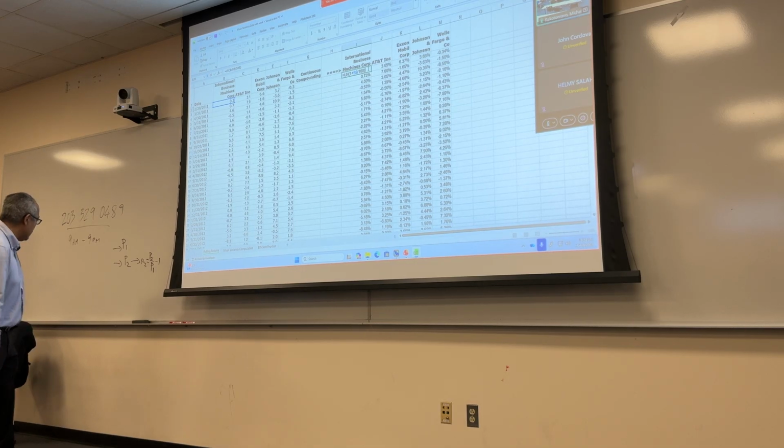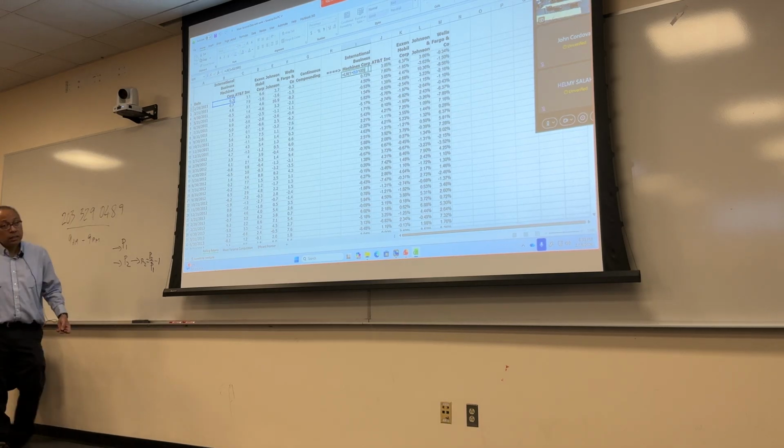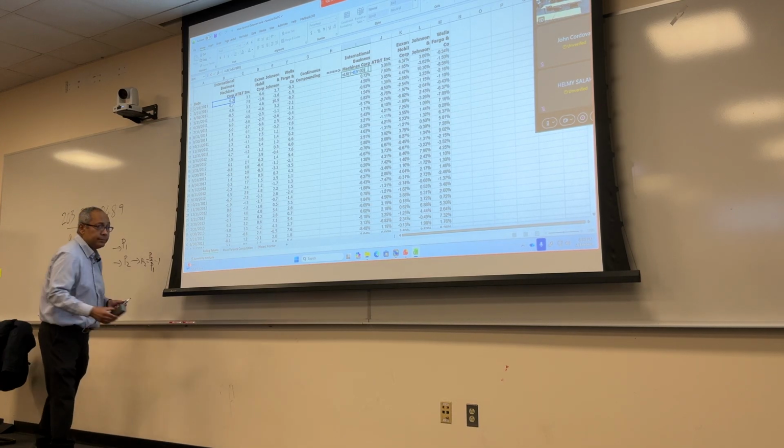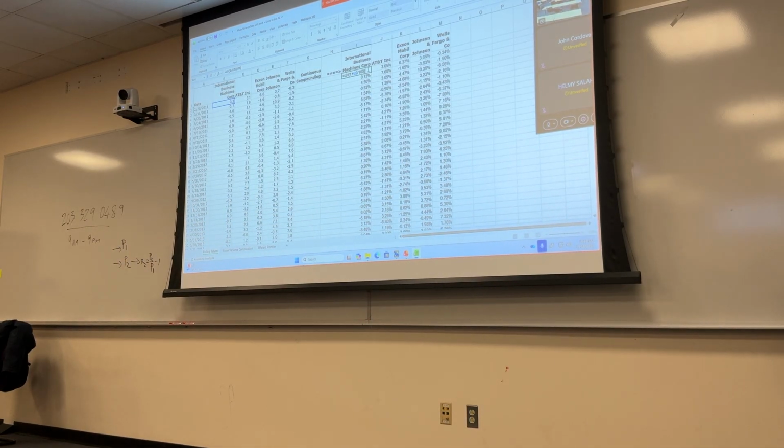Let me make sure we understand the continuous compounding. The whole idea is, if you have a raw return like this, you take the natural log of it.